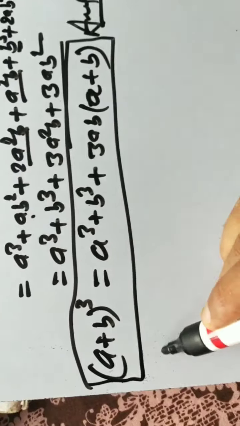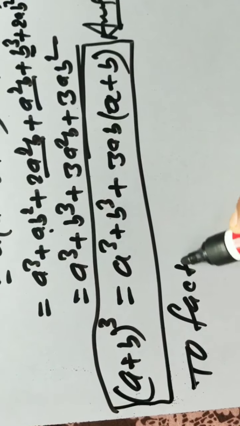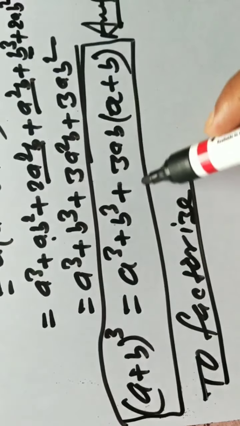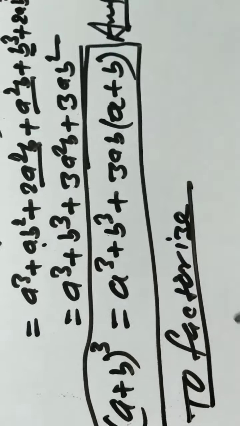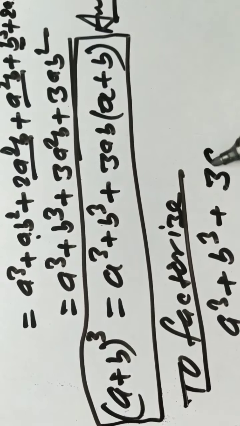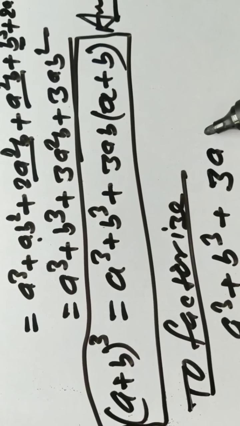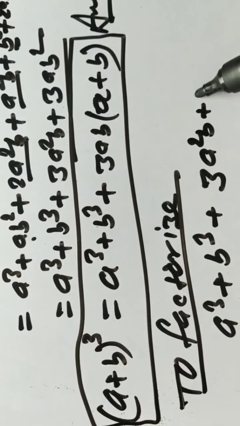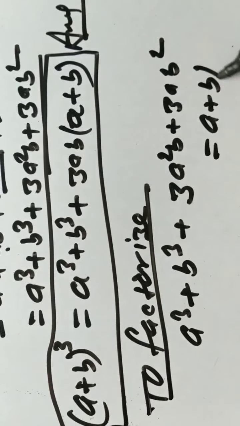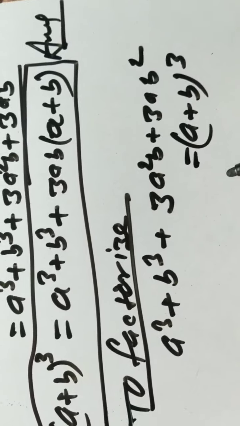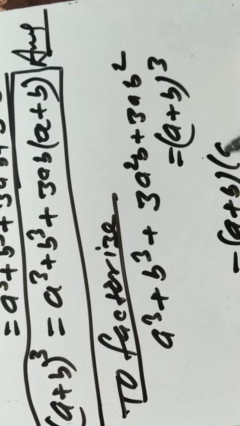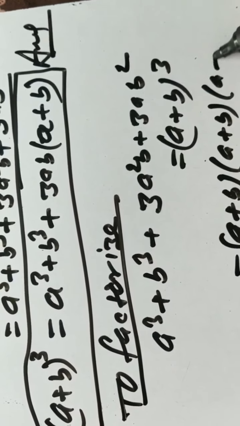And to factorize a polynomial, if a polynomial is given in the form a³ + b³ + 3a²b + 3ab², then we write it as (a + b)³, and its factors will be (a + b)(a + b)(a + b).